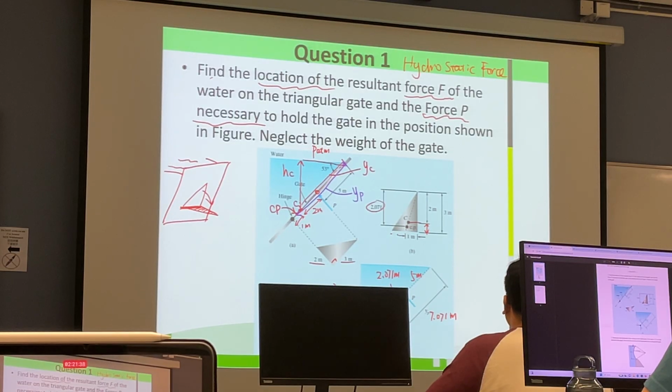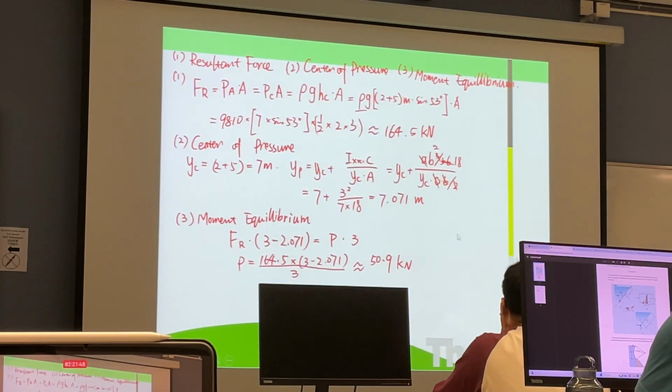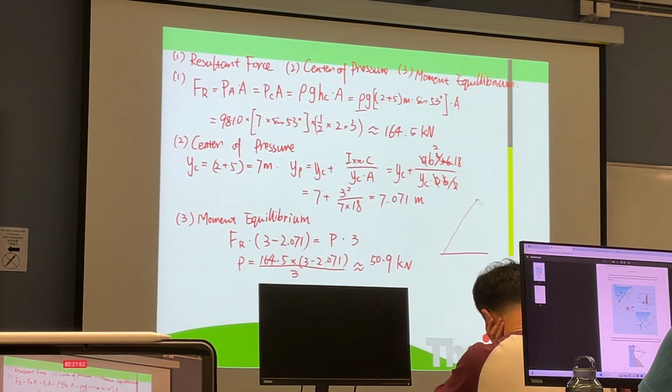However, the horizontal location is unknown. Now we can magnify this triangle. This is the right triangle. The CP is on the center line. Supposedly this is the centroid.